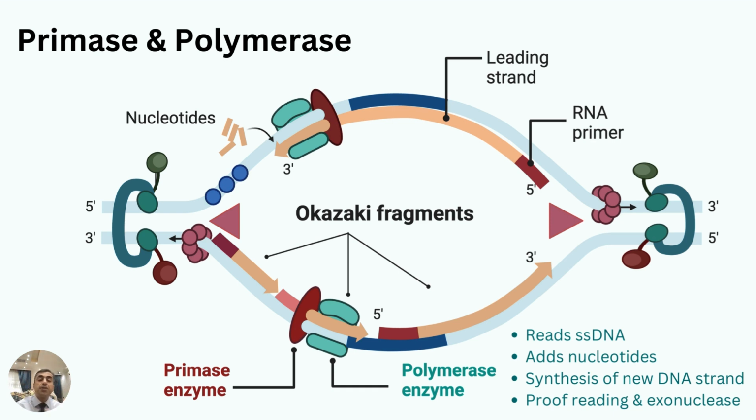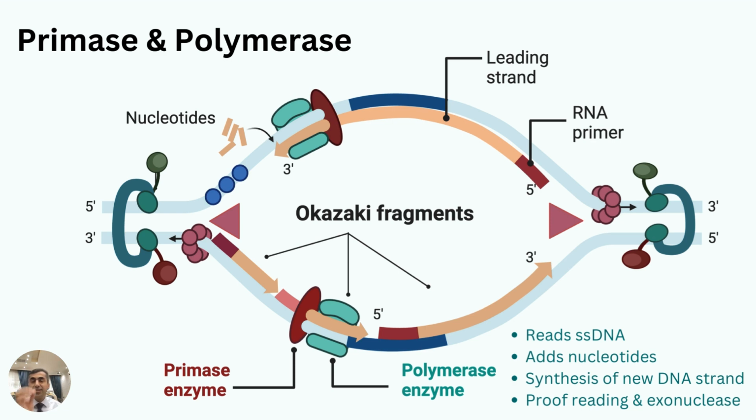So the DNA polymerase produces a replication fork, and the replication fork makes two new strands. The two strands are called the leading and lagging strand.